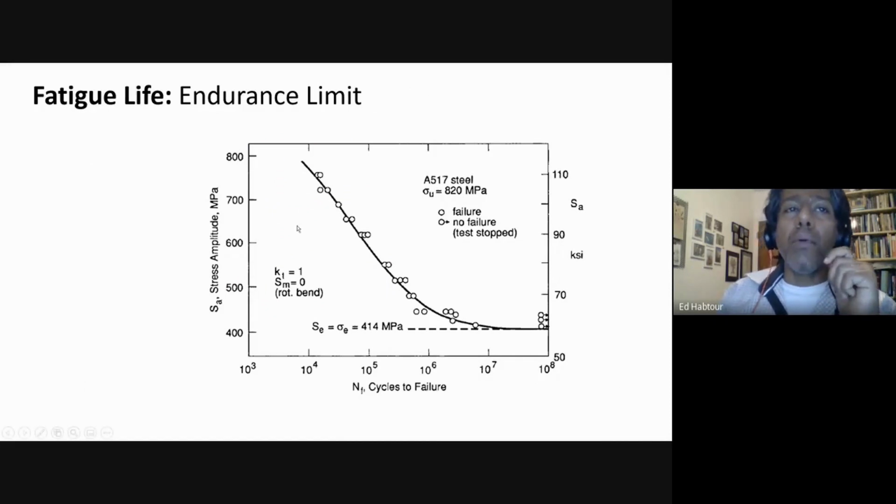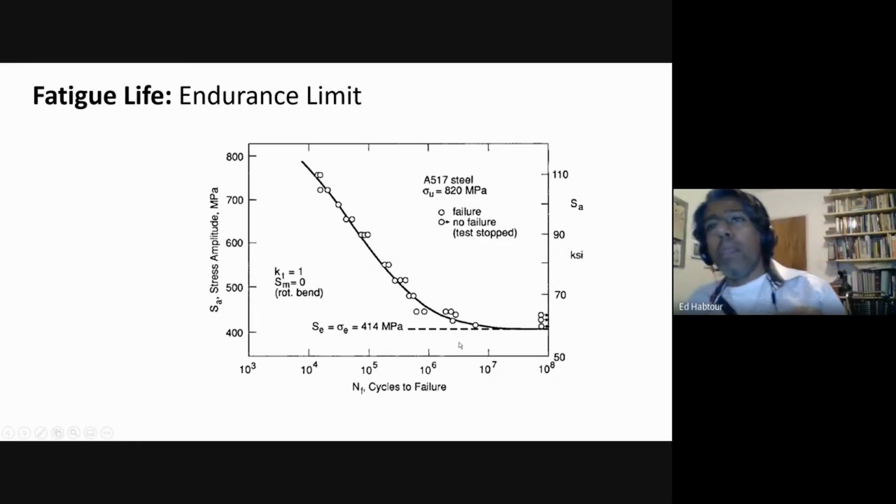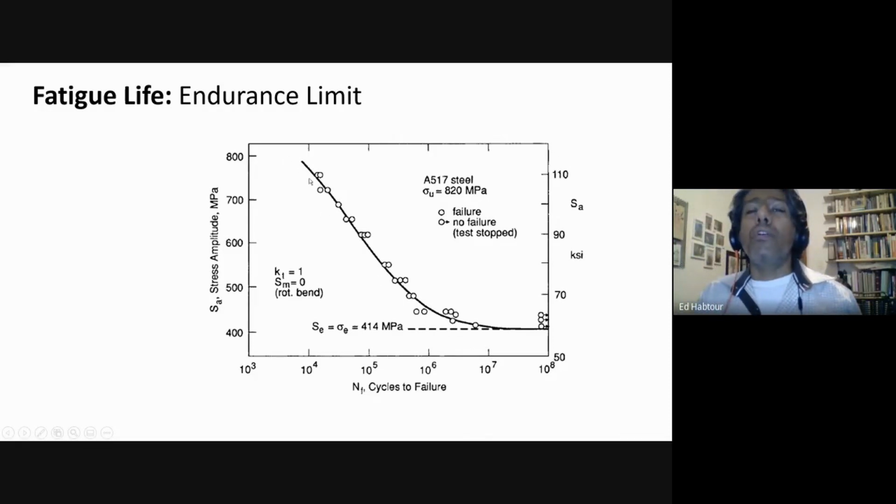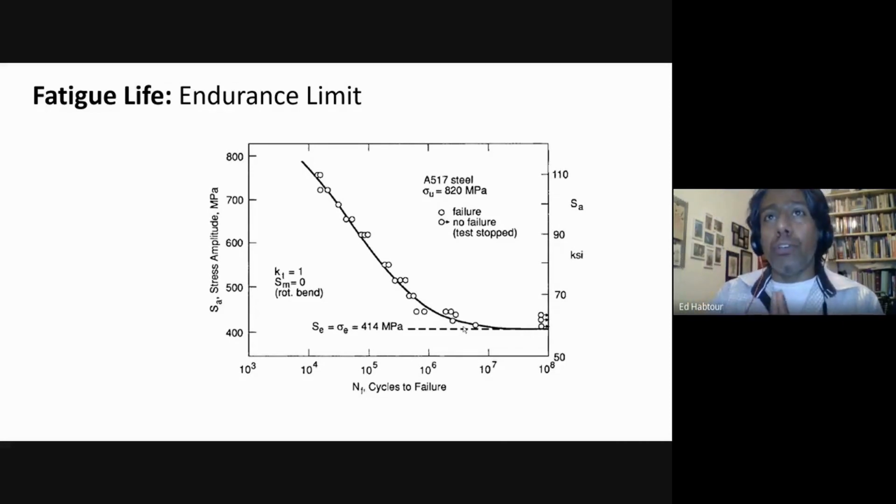Here I show an example of a steel specimen, and you see the curve going down, and then it plateaus at a certain stress. They call this the endurance limit. However, I would caution you against really using the endurance limit. Personally, I try to avoid it because to me, there is no such thing as an endurance limit.